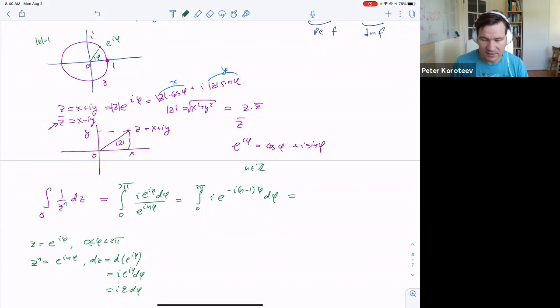But let's try to write down the antiderivative first. Yes. So we need a function, the derivative of which is equal to this integrand here.